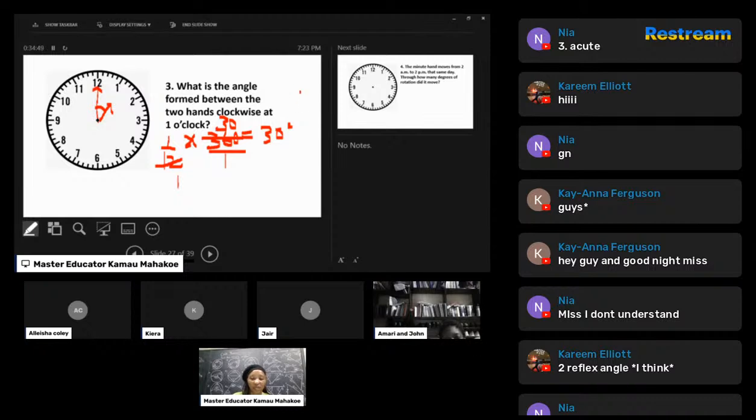What's the easiest way, now that we know that this angle is 30 degrees? Don't worry, we just take the 30 from the full 360. Remember, that's what we did a while ago. Yeah, because remember, the two of them together make up the full 360.